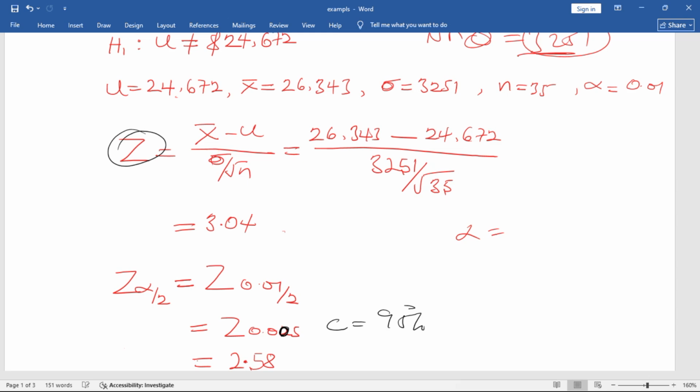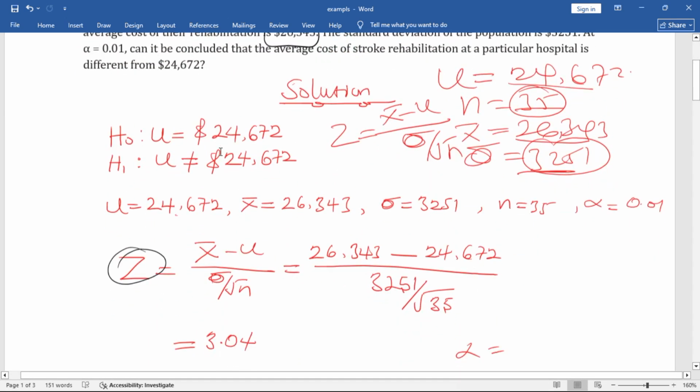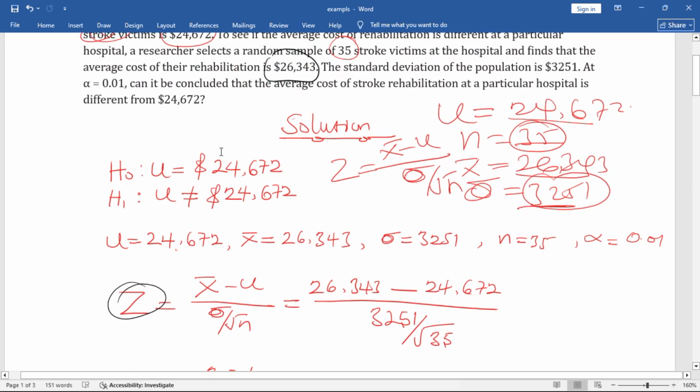And our alpha was given to us as 0.01. But first, we have to set our hypotheses, right? The question asks whether the average cost of stroke rehabilitation at a particular hospital is different from 24,672.